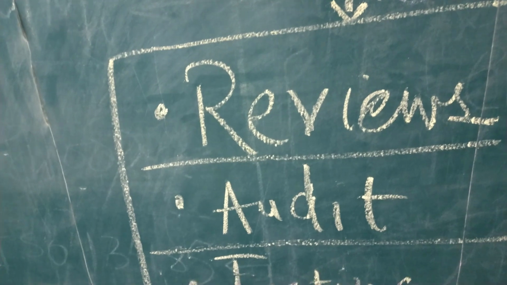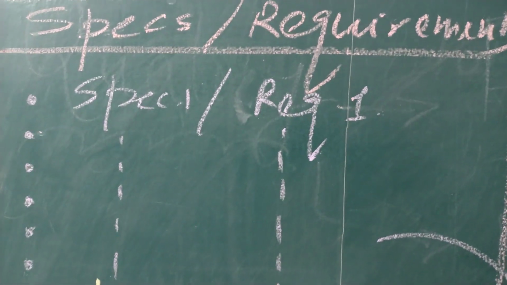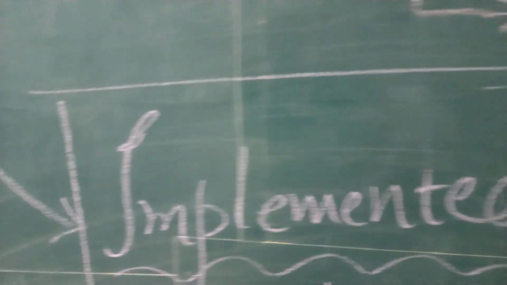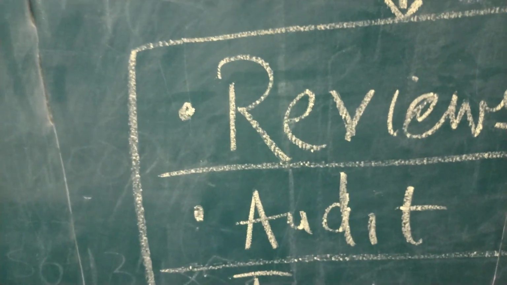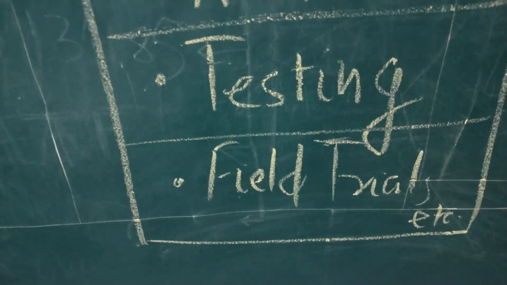and methods to ensure that this particular product, having those specifications and requirements, is meeting those specifications and they are being implemented, through checks of processes and products, and some standards also, through reviews, through audit, through testing, through field trial, and many more things.